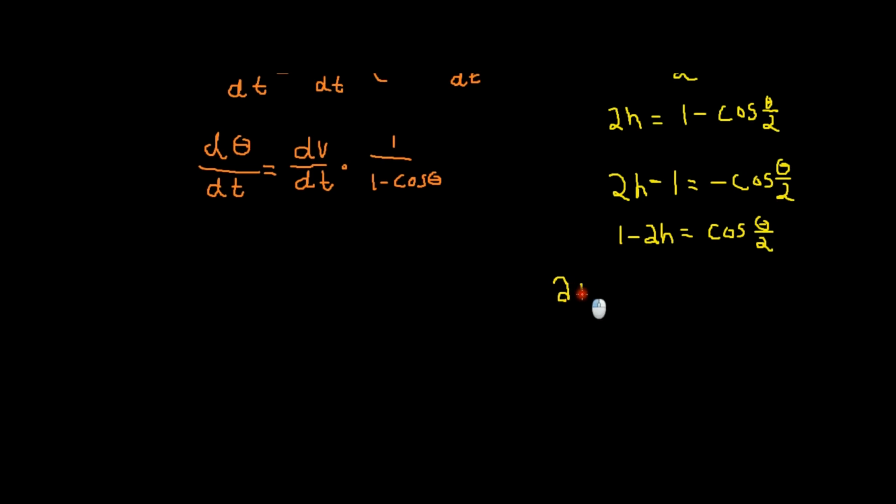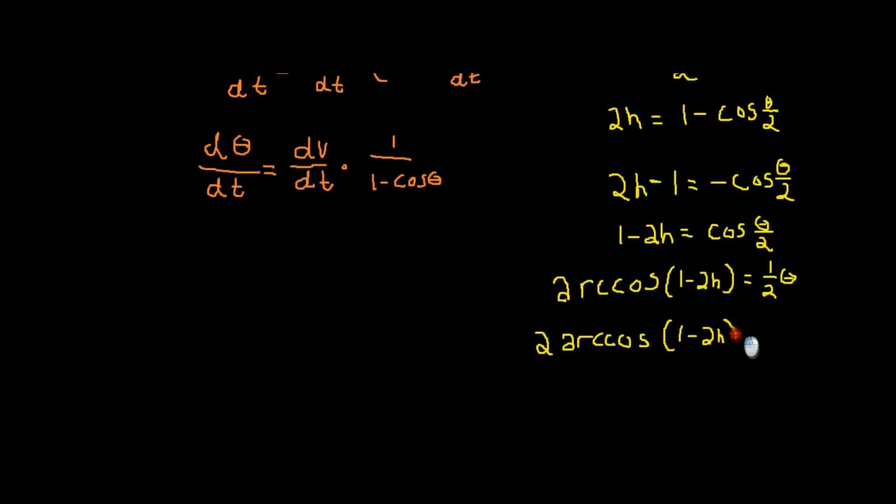So now we're solving for the angle, which is actually what we were doing this whole time. The arc cosine of 1 minus 2h is equal to theta over 2, so 2 arc cosine of 1 minus 2h is equal to theta.